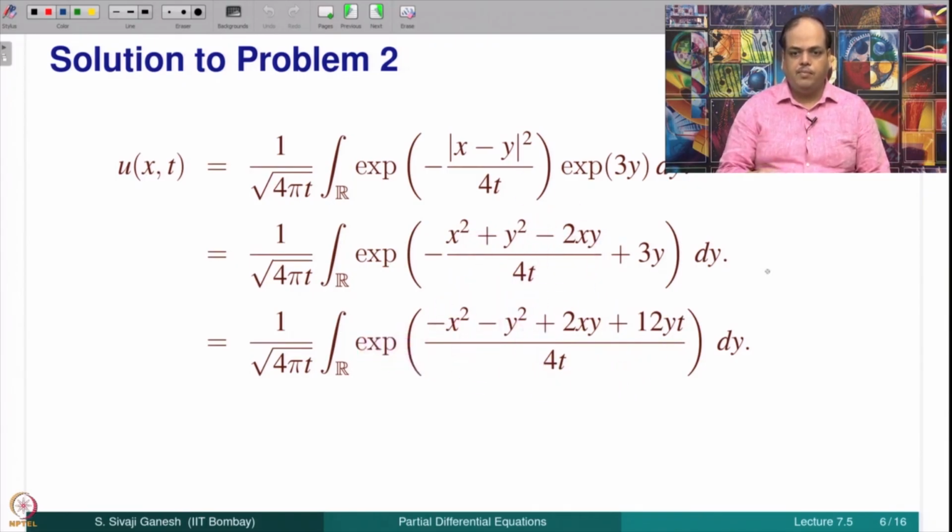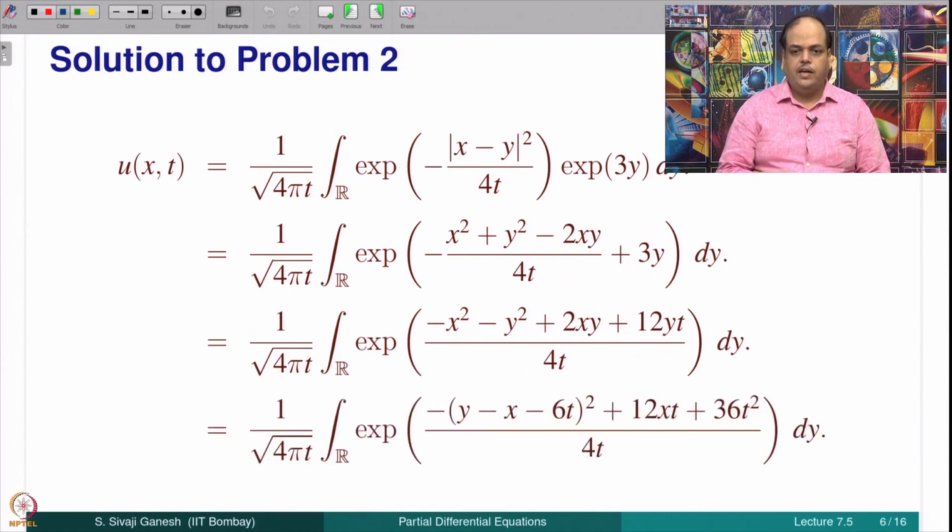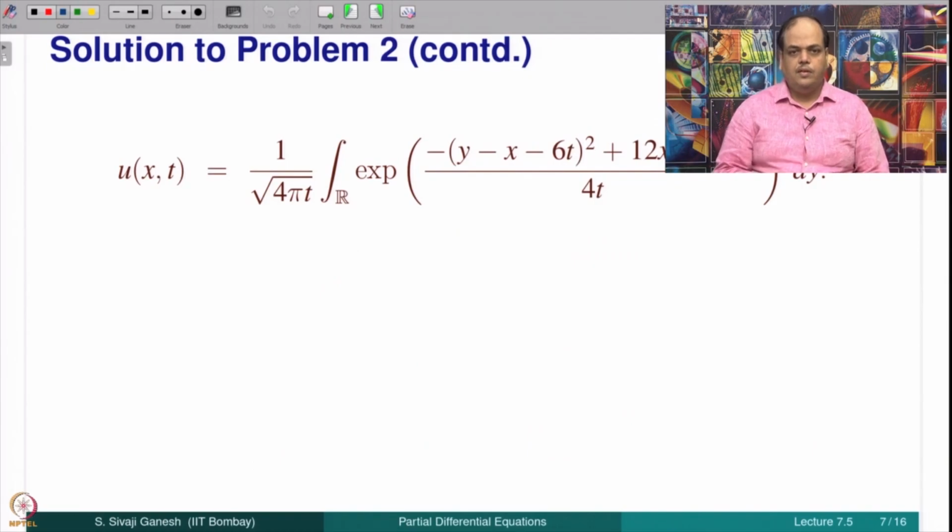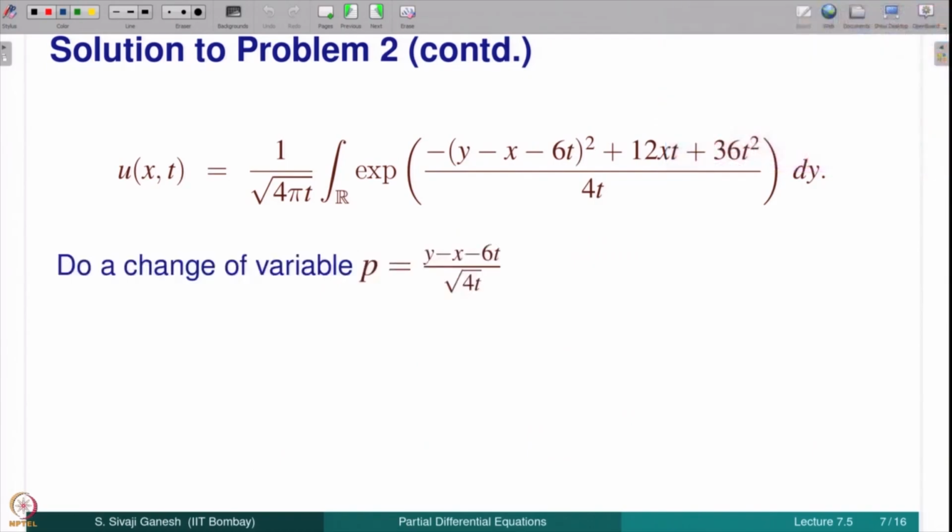So, that power only I am manipulating. Now, I express that like this, so-called completion of squares. The advantage now is that I am going to set y minus x minus 60 by root 40 as p.